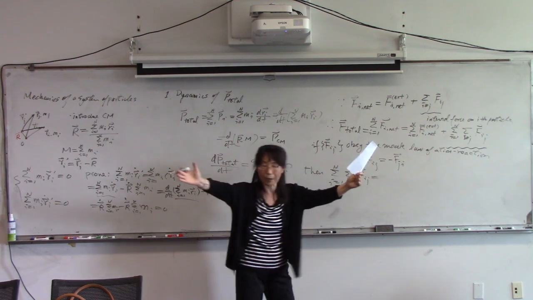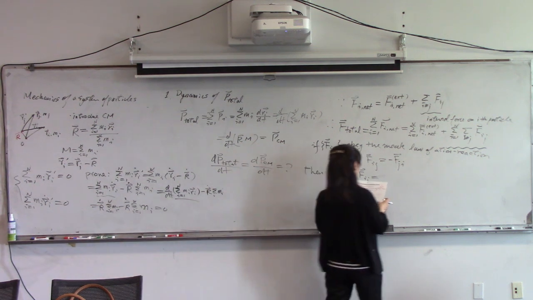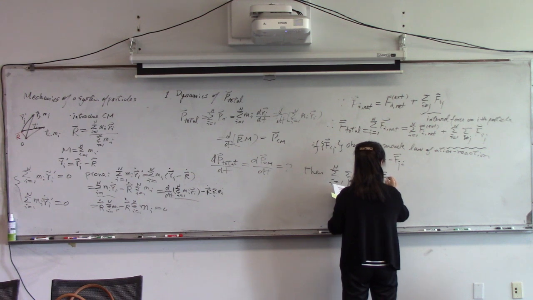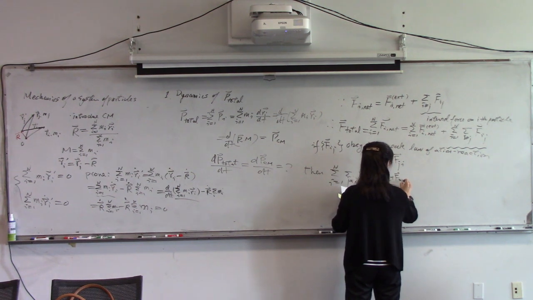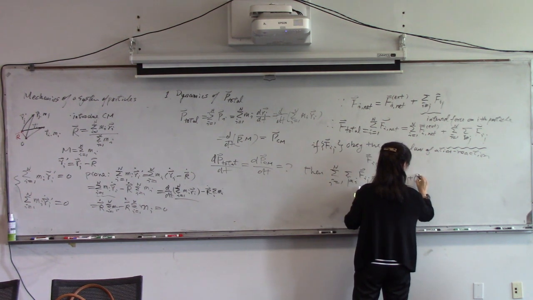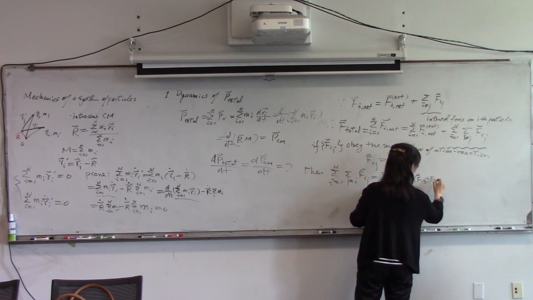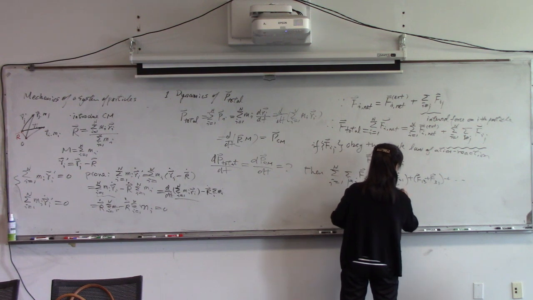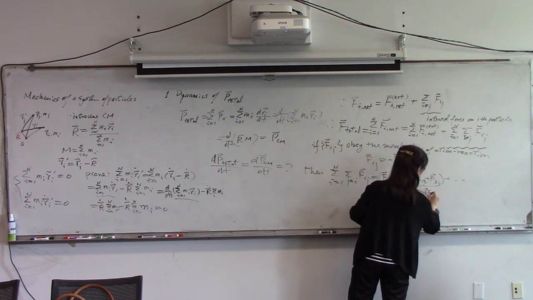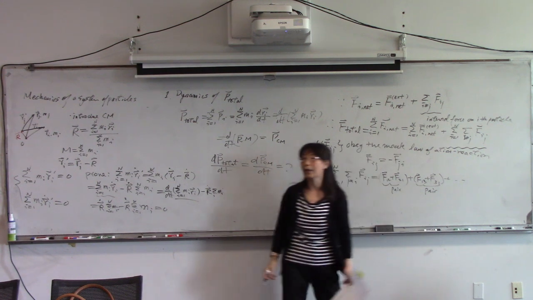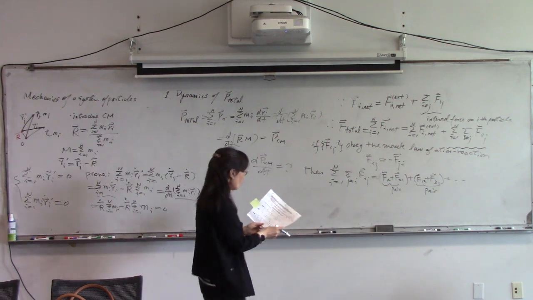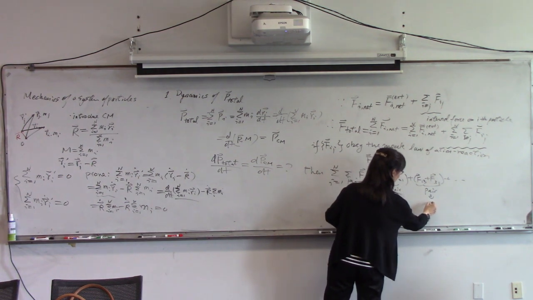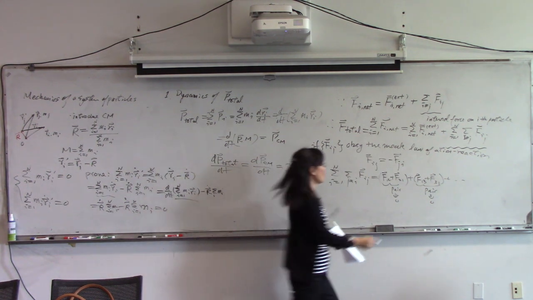We can sum it as pairs: for example, F_12 plus F_21 is one pair, plus F_13 plus F_31, and so on. Looking at each pair, you will see each pair equals 0.